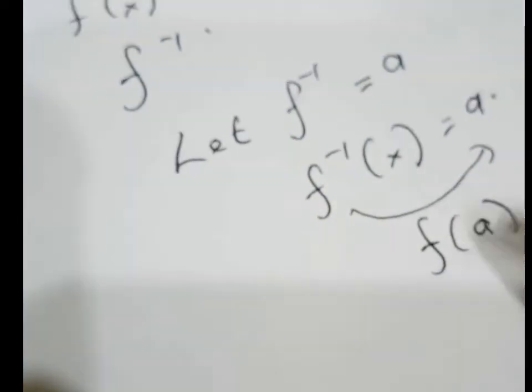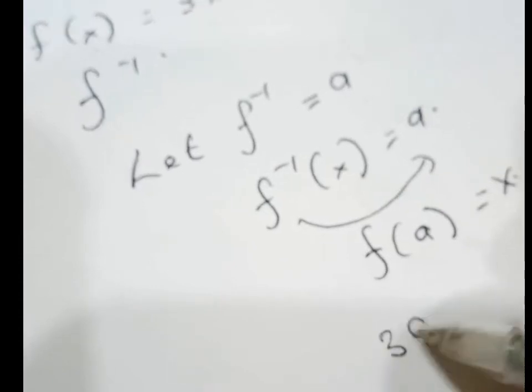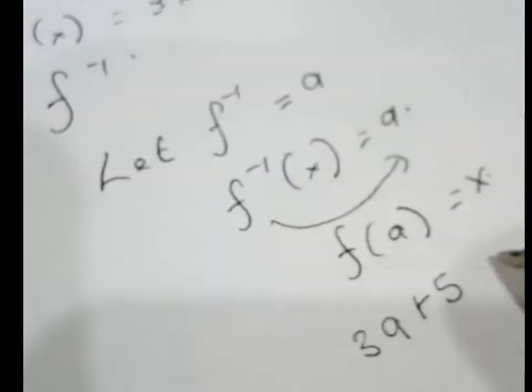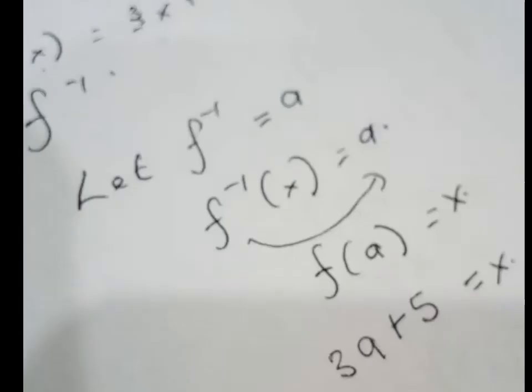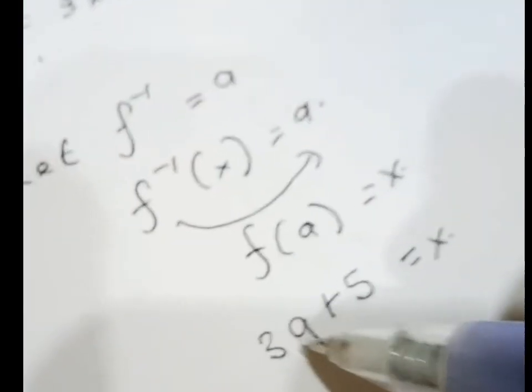Okay, so what is f of a? Given earlier, f of x is 3x plus 5. Now f of a means that we replace x here by a. So we have 3a plus 5 equals x. Now find a. Since a is f inverse, we need to find what a is.